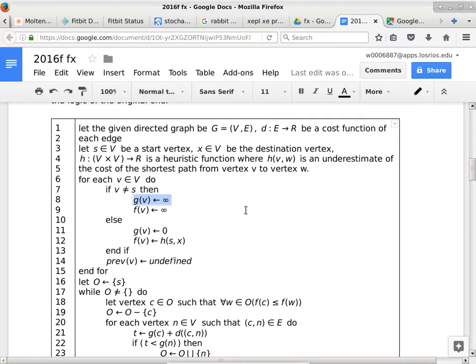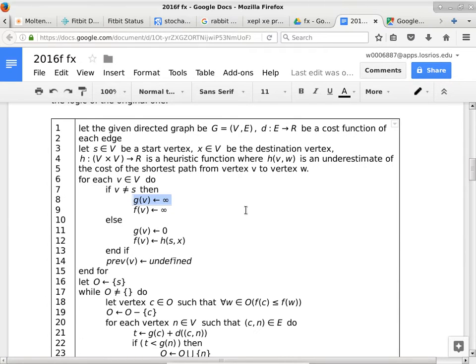Without knowing how the edges are distributed and what the costs of these edges are, we just say it's infinity to go from the start vertex to this vertex. It will also be infinity to go from the start vertex through this vertex to the destination. So I use infinity to initialize all of the other G's and F's. Everything other than the start vertex is initialized with infinity.